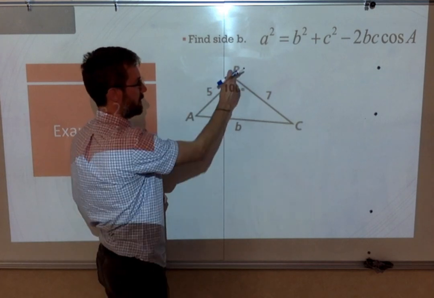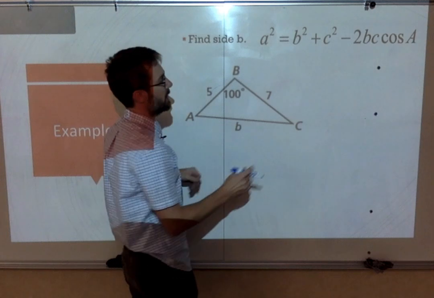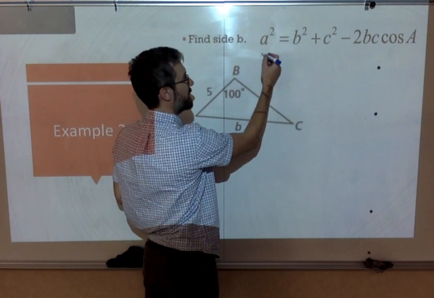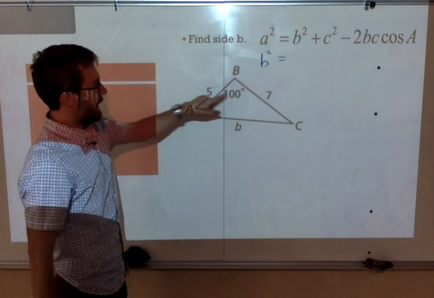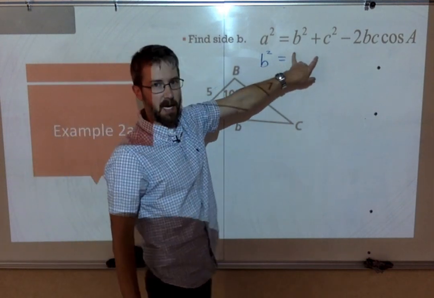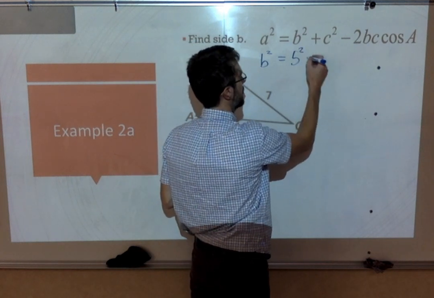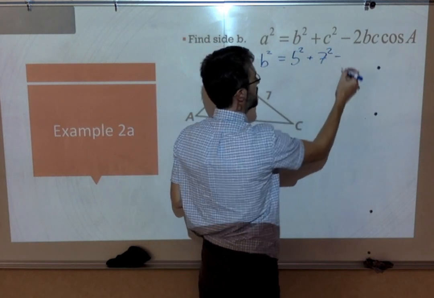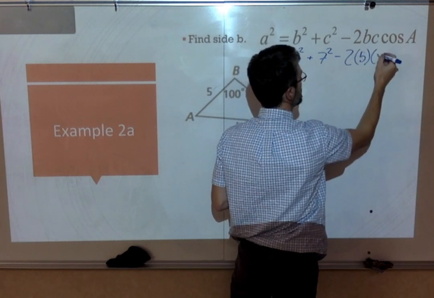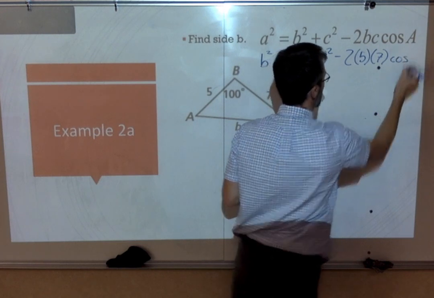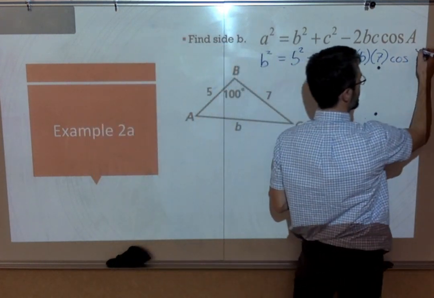Okay, so this part and this part have to be the ends of that equation. So in this case, it's actually going to be b squared. With 5 and 7, it turns out it doesn't really matter where they go here, which order they are. So 5 squared plus 7 squared minus 2 times 5 times 7 times cosine of that opposite angle, in this case b, which is 100.